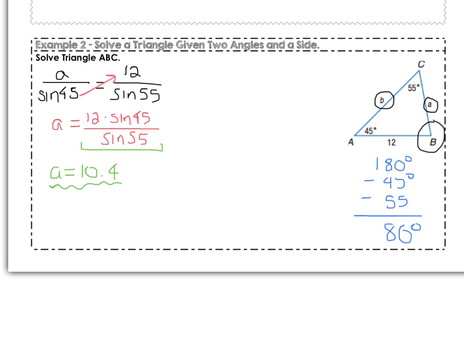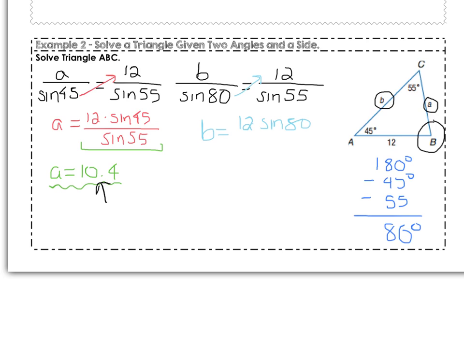Now, we're going to solve for the other missing component, which was B. Again, because I'm solving for a side, I'm going to place the side on top over the sine of its angle, which was 80. And I'm going to set this again equal to my firm relationship. Notice that I'm not going to use the ratio of A, and the reason I'm not is because we had to round right here, and that's going to cause inaccuracy with my B. So I'm going to multiply both sides by sine of 80, and we get that B is equal to 12 times sine of 80 divided by sine of 55.